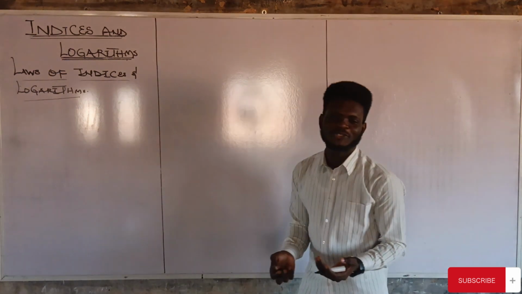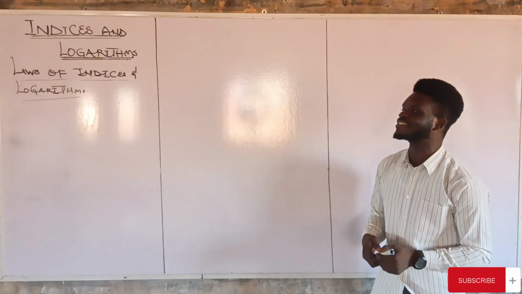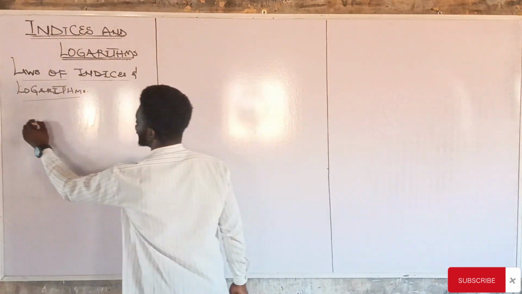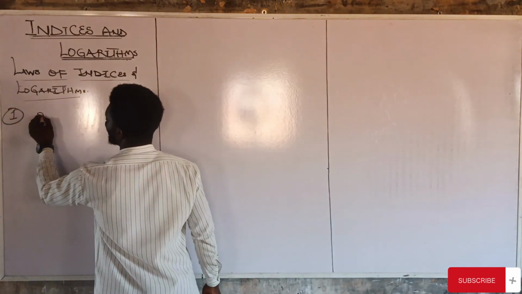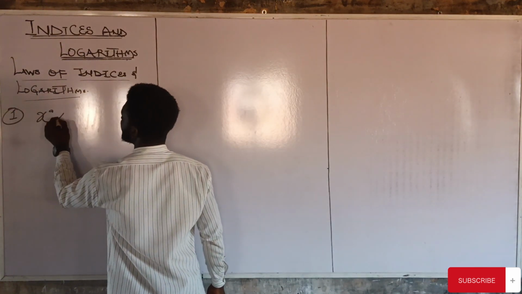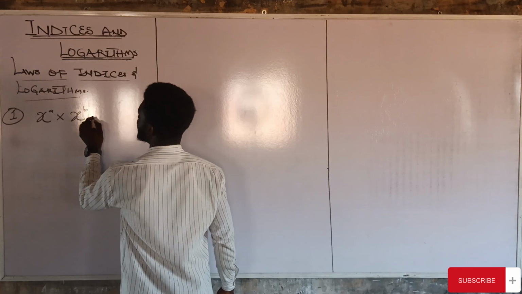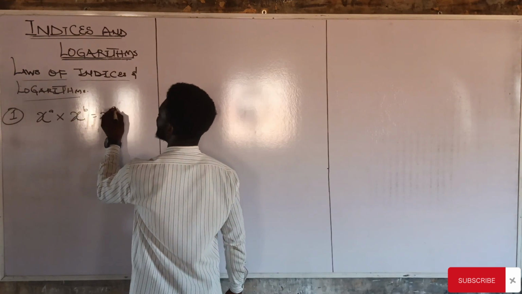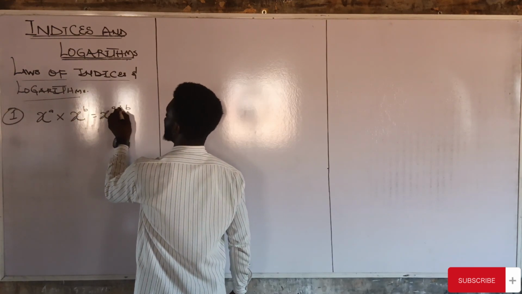Like I said, some persons will say 7 laws, but I will not stick with that. We have a law called the product law of indices: x raised to the power of a times x raised to the power of b is equal to x raised to the power of a plus b.